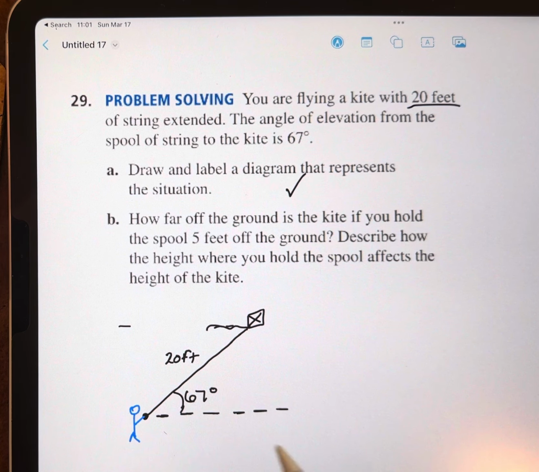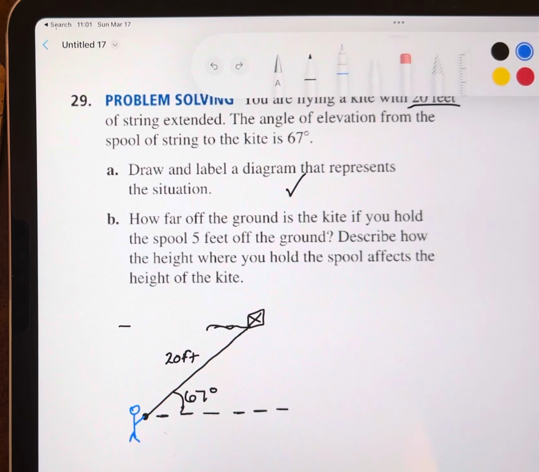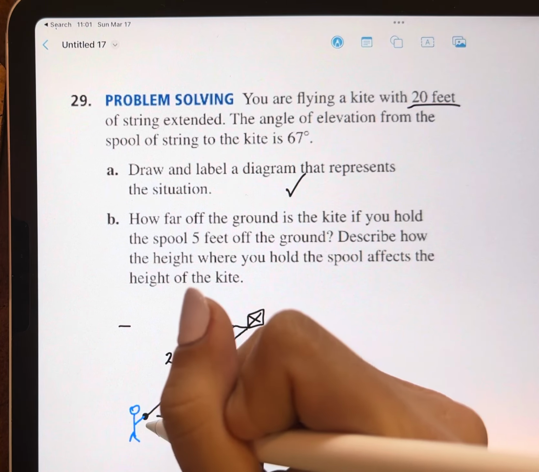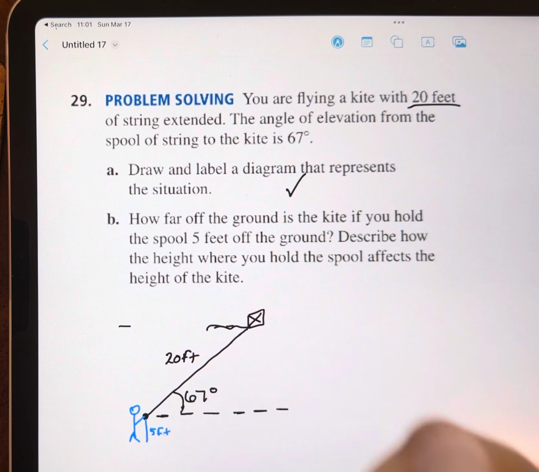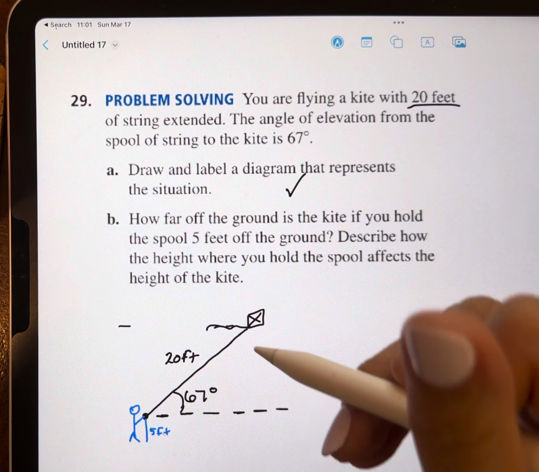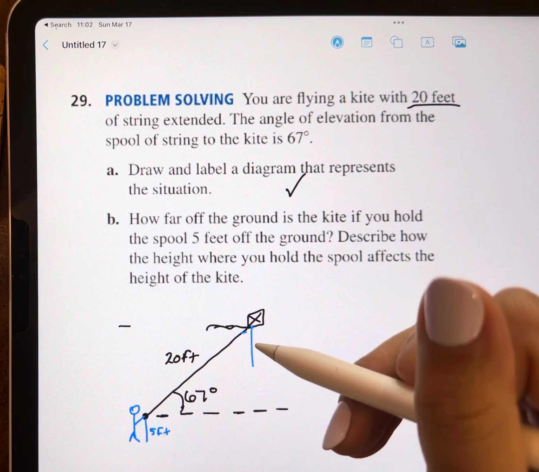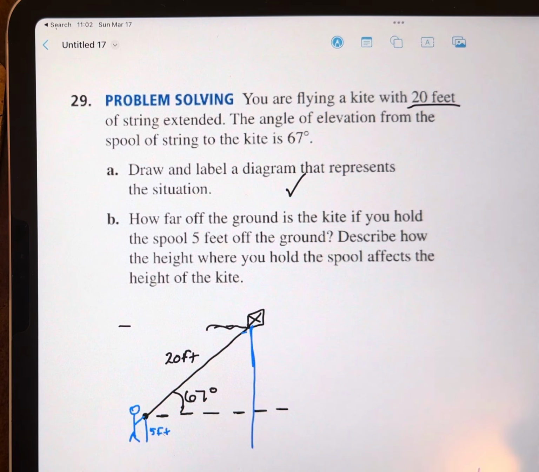And this distance right here is 5. So you're 5 feet off the ground, and then they want to know how far off the ground the kite is.